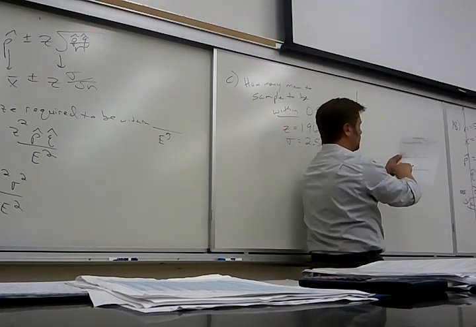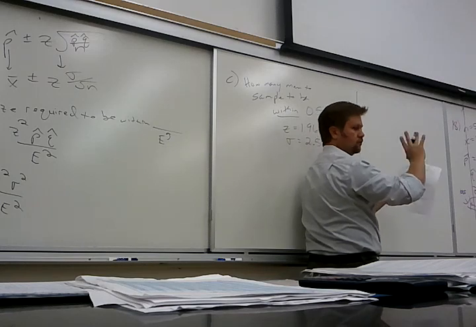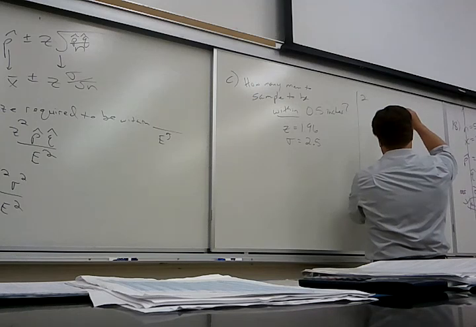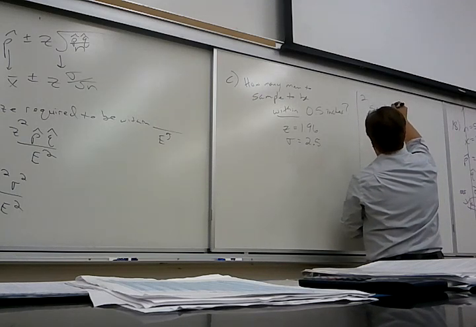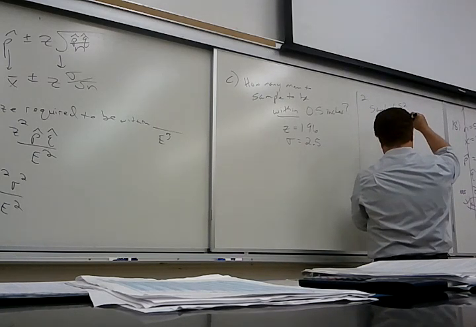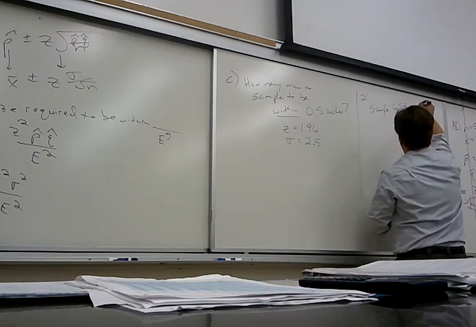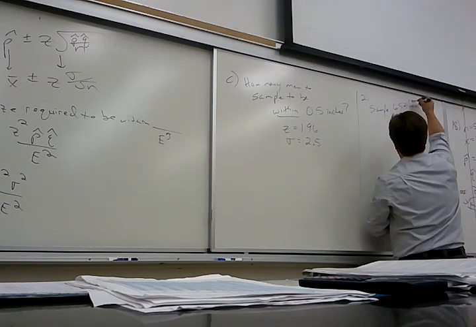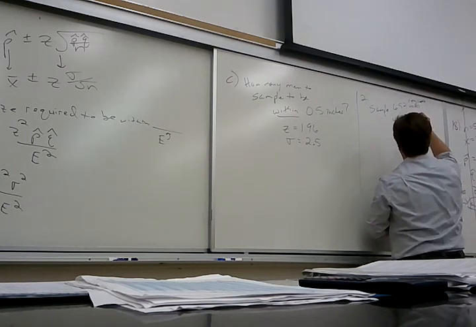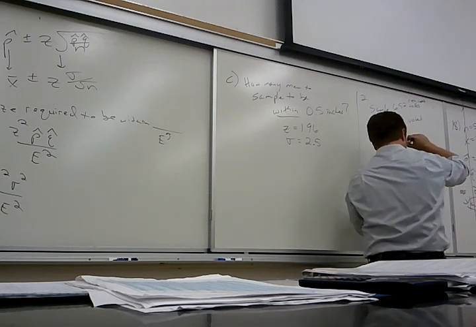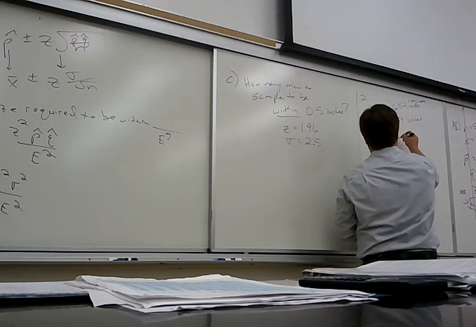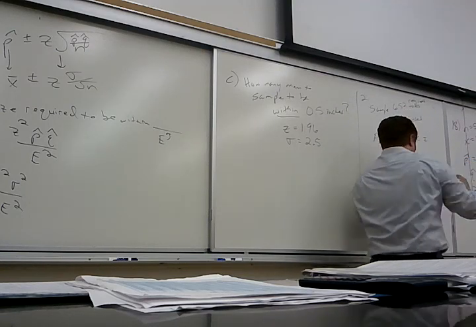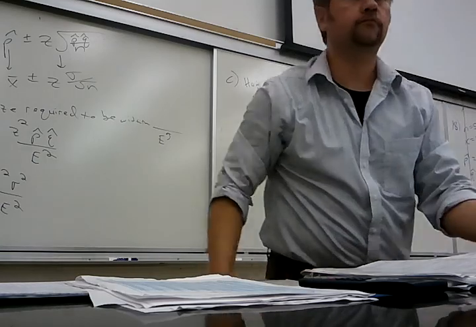On the one that I gave you guys, is there a number 3 or does it go up to 2? 2, okay. So I didn't give you the new version. So we sample 652 voters and 459, that's the registered voters, 459 voted. Find a 99% confidence level. Okay, cool.